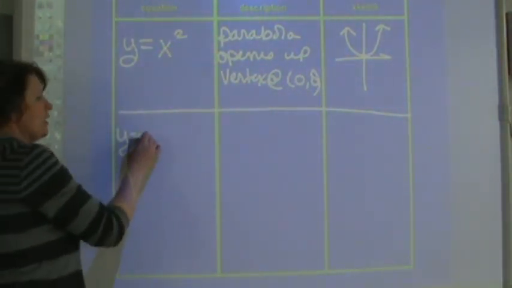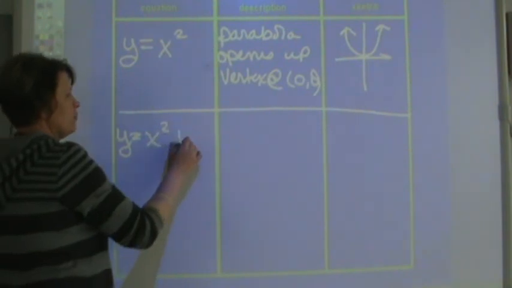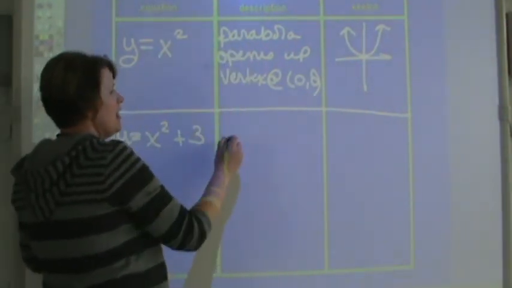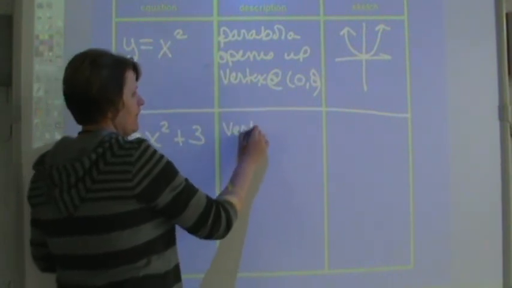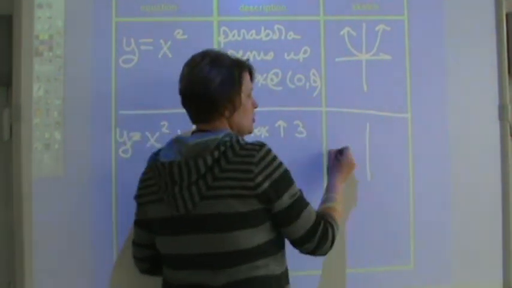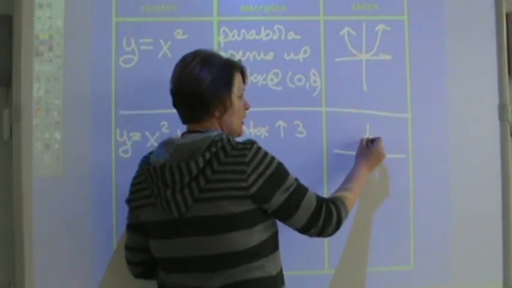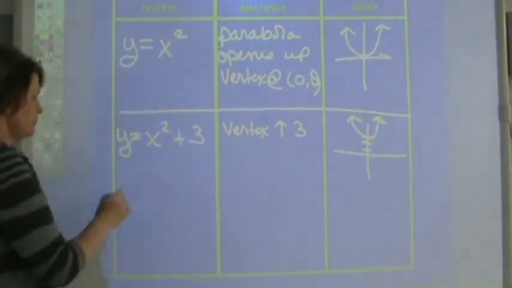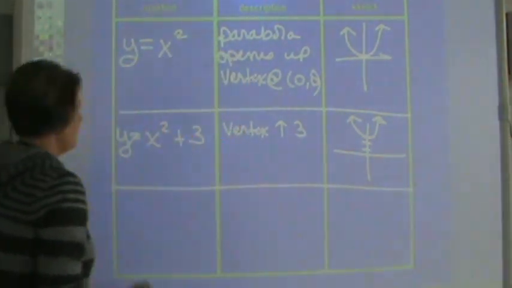Then, if we add a number to it, like if y equals x squared plus 3, all right, it's going to be a parabola opening upward, but the vertex is going to be up 3. So if I were to sketch that, I'd go 1, 2, 3. There's my vertex. So it would look like that. Okay.